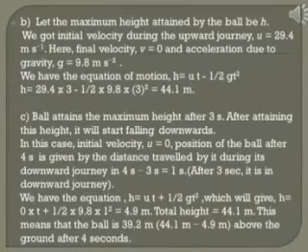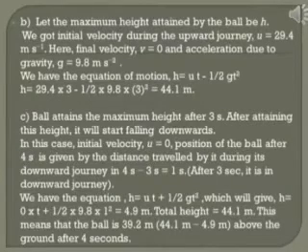In this case, its initial velocity u is equal to 0. Here we have to find the position of the ball after 4 seconds. It is the distance traveled by the ball during its downward journey, in time t is equal to 4 seconds minus 3 seconds is equal to 1 second.